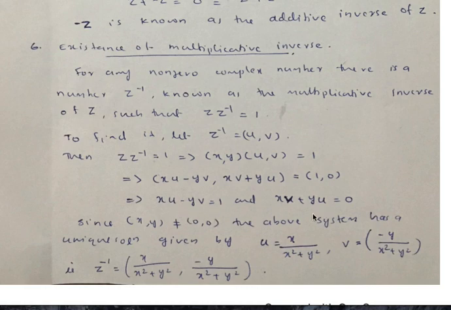You can use any method, like Cramer's rule itself. Or you can call these equation 1 and equation 2, multiply, subtract, add, and finally you will get u to be x over x squared plus y squared, v to be minus y over x squared plus y squared. So z inverse is (x over x squared plus y squared, minus y over x squared plus y squared).